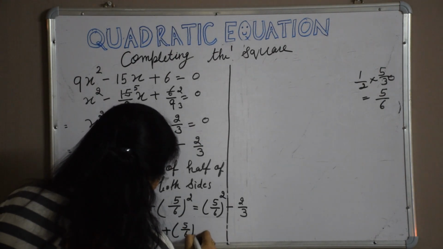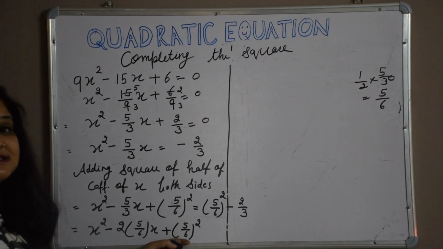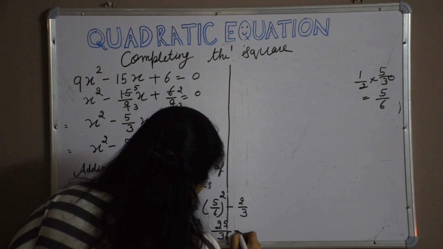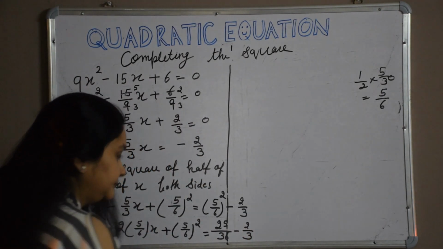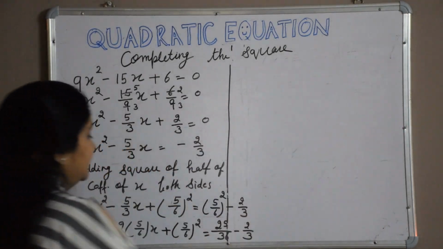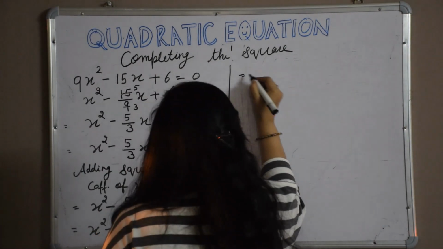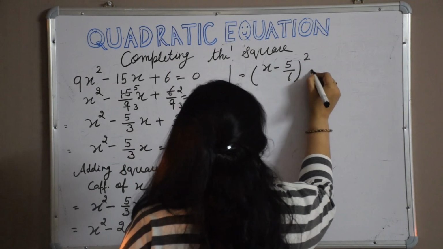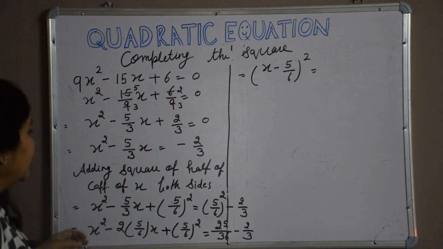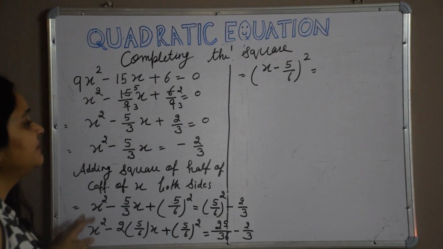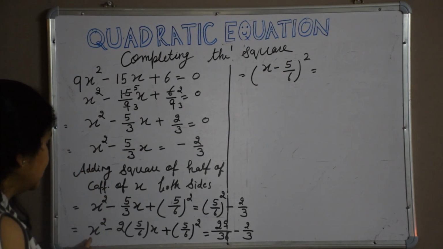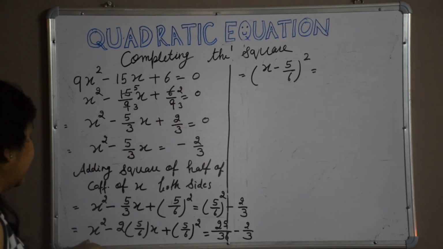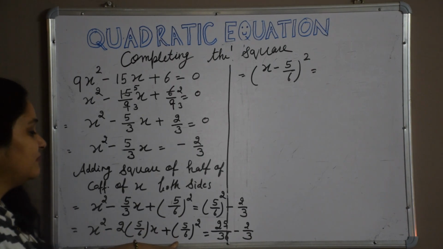And here our a is x and our b is 5 by 6, and it becomes 25 by 36 minus 2 by 3 is equal to, it becomes x minus 5 by 6 whole square, because in the section where I told you all the formulas, from there we are using a square minus 2ab plus b square. It becomes a minus b whole square, and our a is here x and our b is 5 by 6.